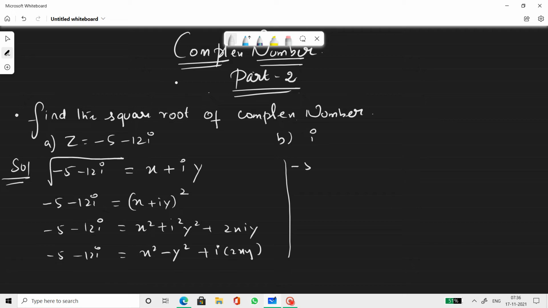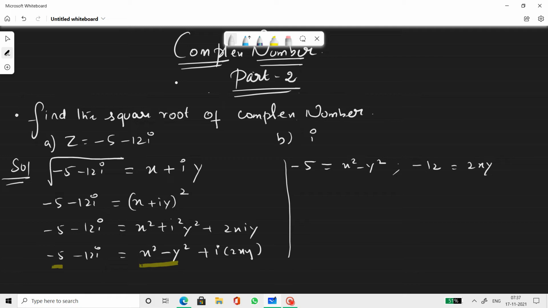On the left side minus 5, and on the right side it's x square minus y square. So equating the real terms, minus 5 equals x square minus y square. Then equating the imaginary terms, minus 12 equals 2xy. So we are getting two relationships between x and y here.